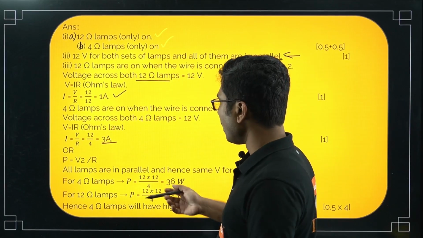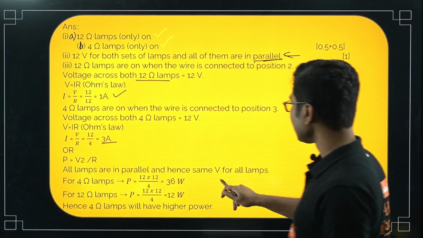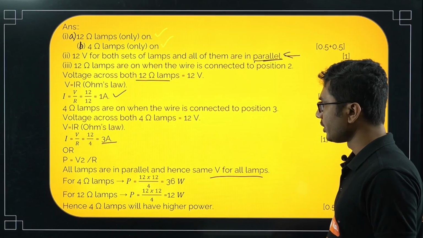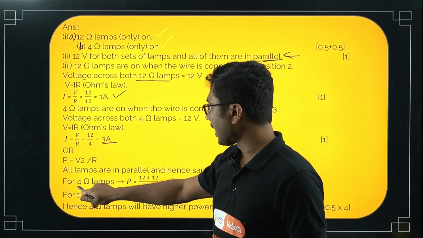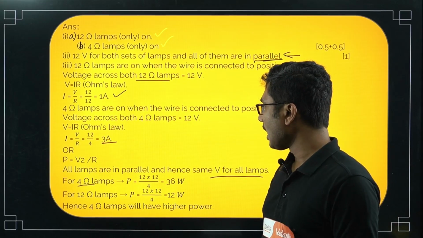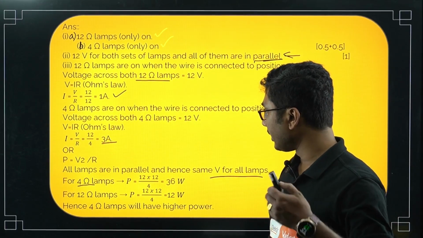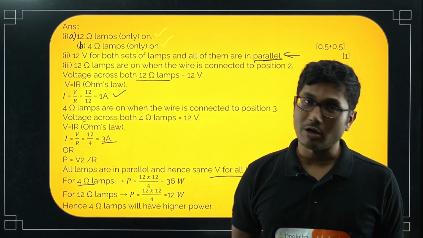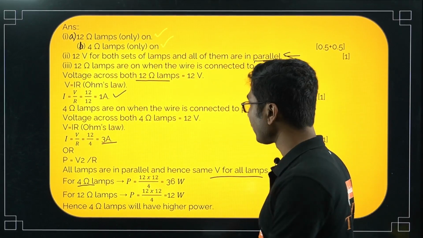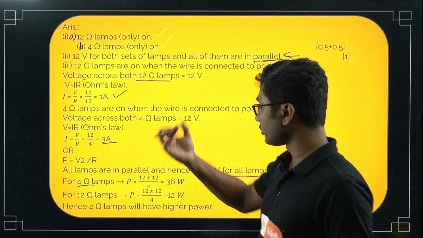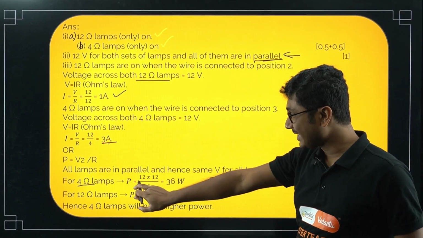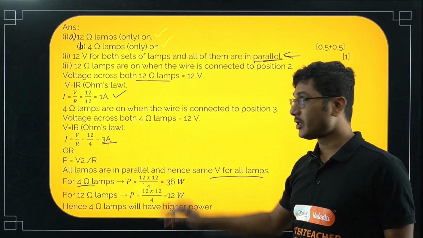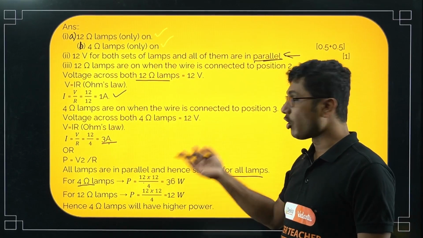So all the lamps are in parallel and hence the same V for all the lamps. For 4 ohm lamps, power can be calculated either with the V square by R formula or the VI formula. Both are okay if you have calculated I. Sorry, in the second part, the current is unknown because you have not solved for the current. This is an OR question, right?